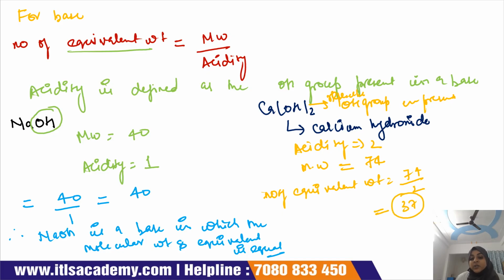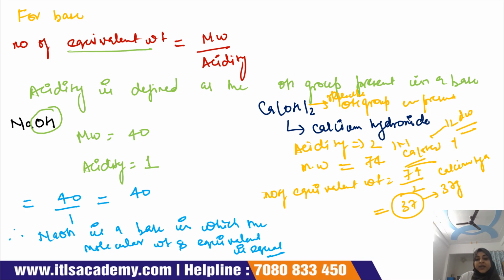Now if we dissolve 37 gram of calcium hydroxide into 1 liter of distilled water, then we get a 1 normal solution of calcium hydroxide.